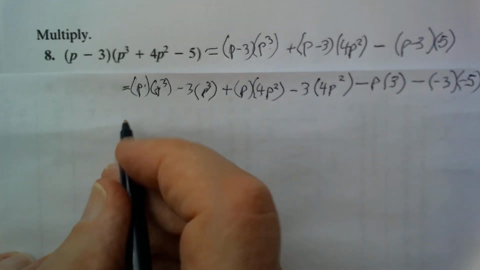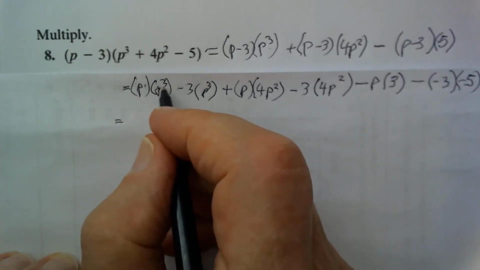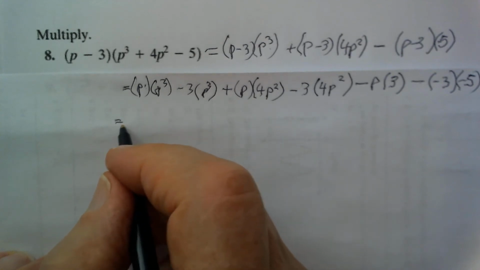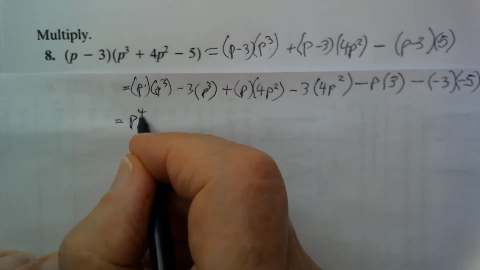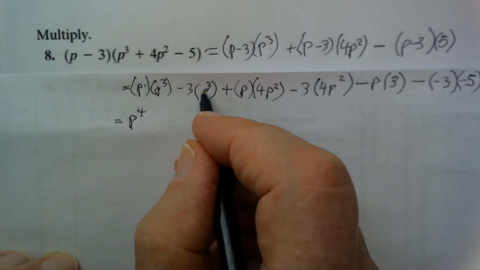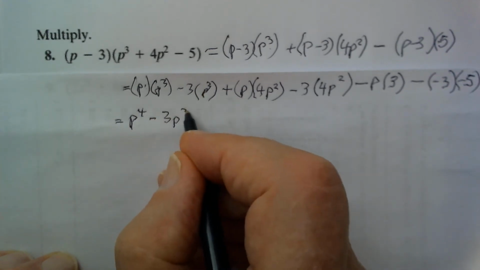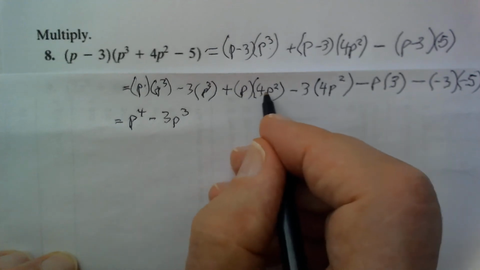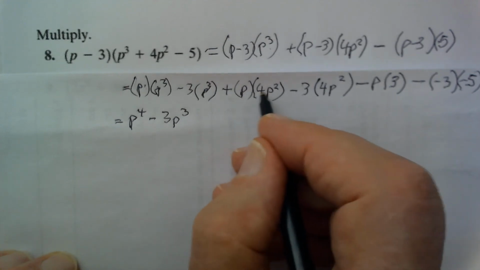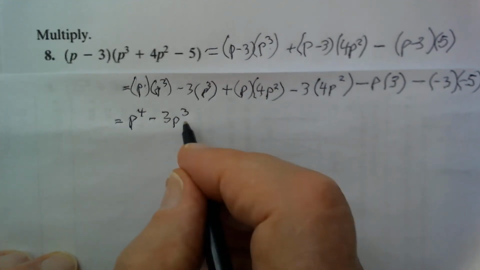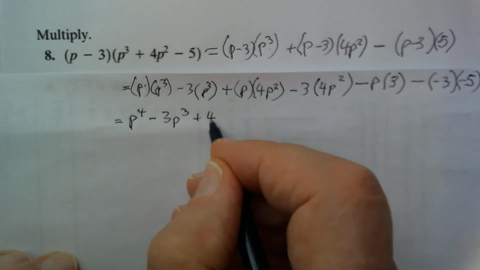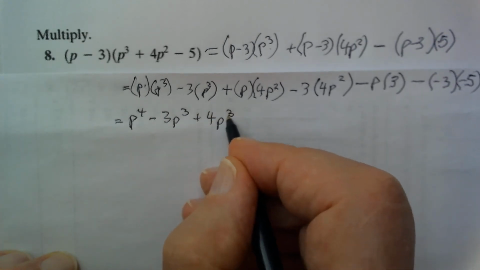So, now we have p times p to the third, which is p to the fourth power, minus 3p to the third, minus 3 times p to the third power. And then we have p times 4p squared. So p times p squared is p to the third. So we have plus 4p to the third power.